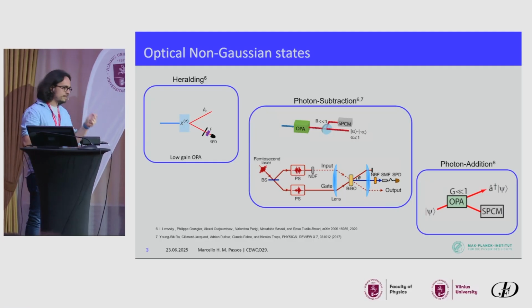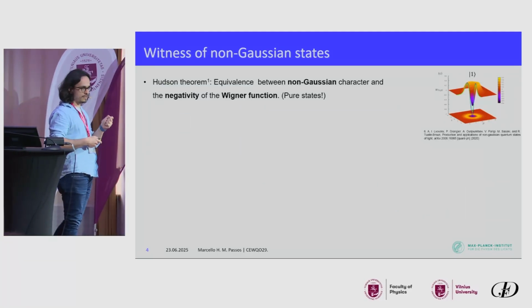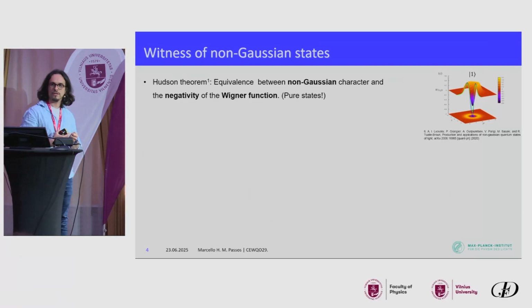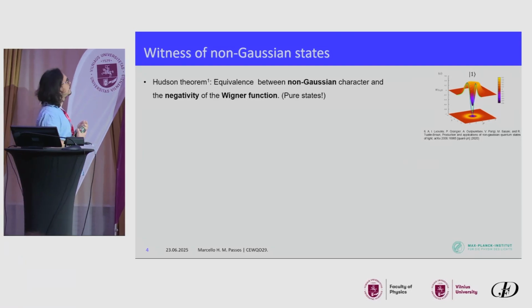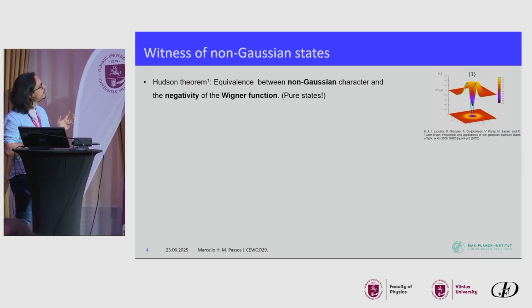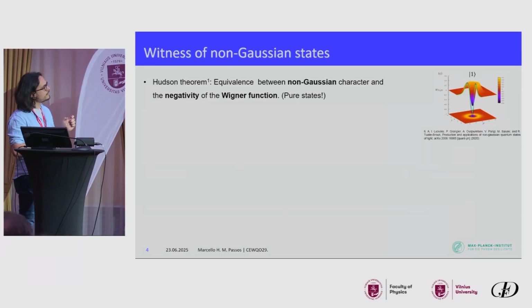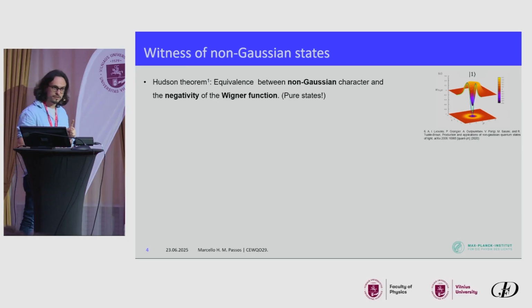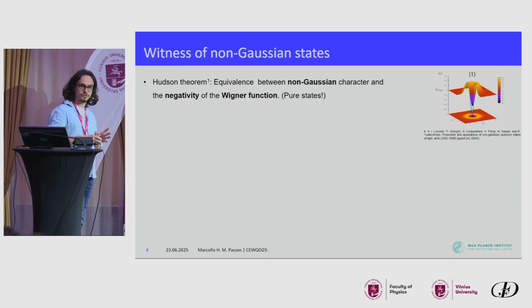But besides generating it, we should be able to certify that we indeed generated a non-Gaussian state. The first way to think about it was the Hudson theorem, which relates the negativity of the Wigner function with non-Gaussianity, which means that if you see the negativity, you can directly say that your state is non-Gaussian.